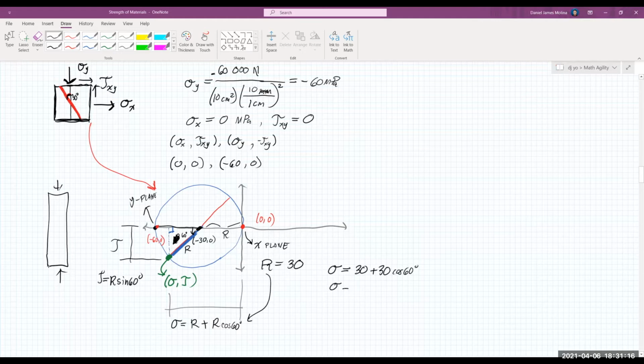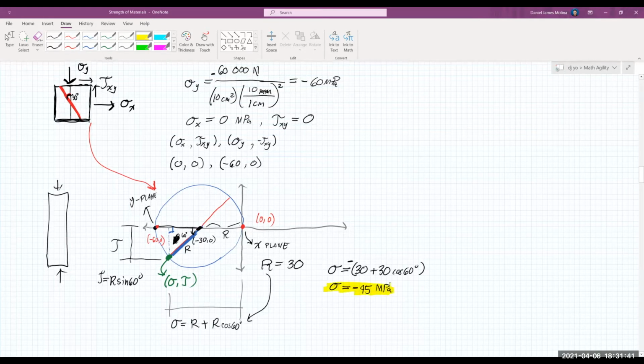So the normal stress, actually it's negative, since it's at the left of the vertical axis. Okay, vertical coordinate axis, so it will be negative. This is negative 45 megapascals. So it is still in compression.